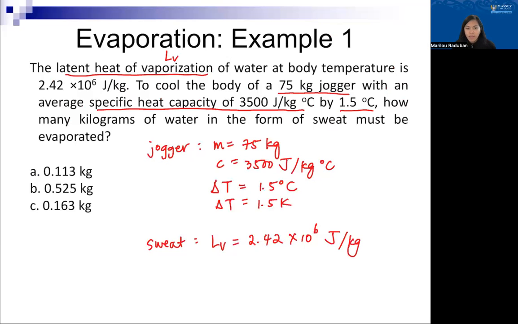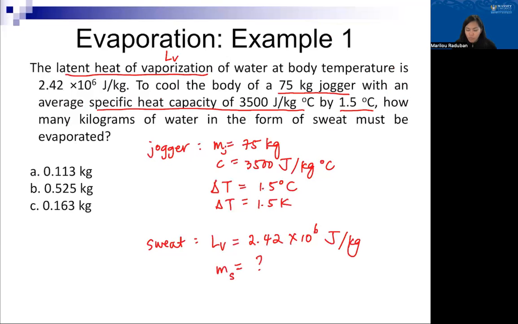That's the only thing that's given about the sweat. What we want to find is the mass of the sweat. To distinguish the masses, I'll use subscripts. M subscript J will be the mass of the jogger, and M subscript S will be the mass of the sweat.